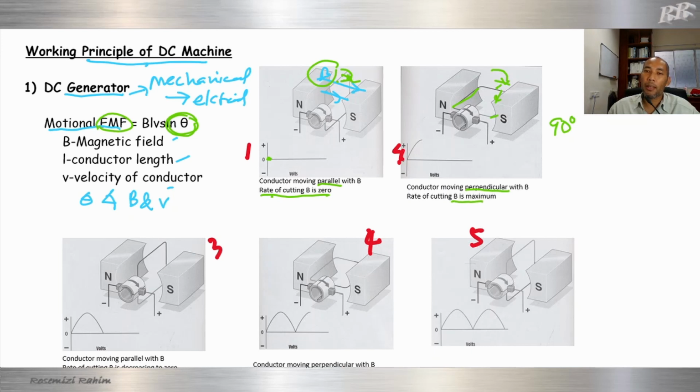The rate of cutting the magnetic field is maximum at this point. So if we replace this with 90 degrees, sine 90 goes to 1. So at this part, the voltage increases to maximum. This part was 0, and now it increases to the maximum due to the movement of the conductor.